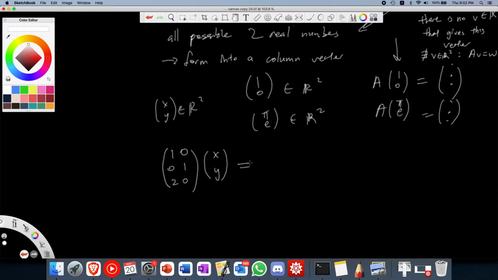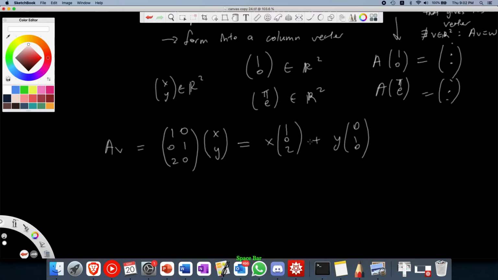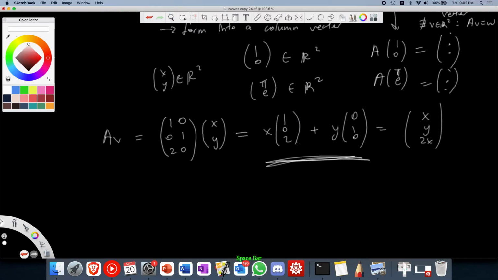If we multiply this out, this is Av, we get x times (1, 0, 2) plus y times (0, 1, 0). I could have written this out in addition form, meaning x, y, and then 2x, but I'll stick to this because I want you to see that essentially this is a span of the vectors (1, 0, 2) and (0, 1, 0).